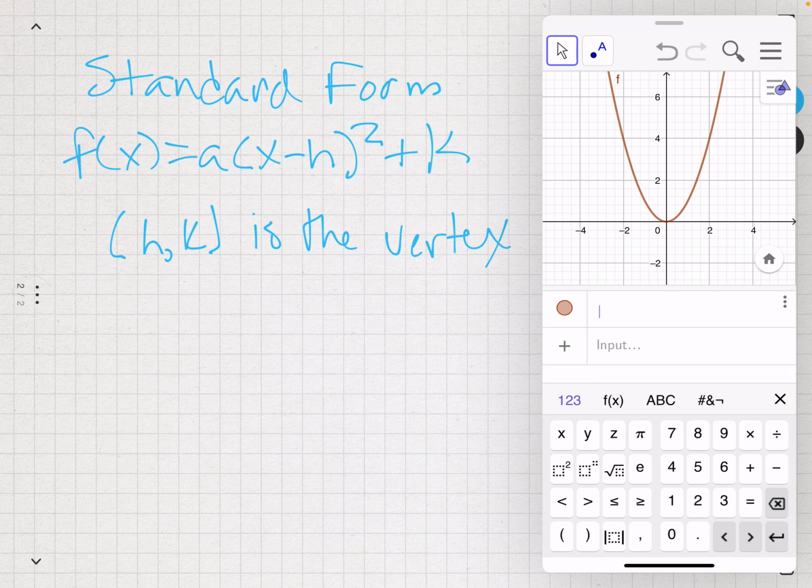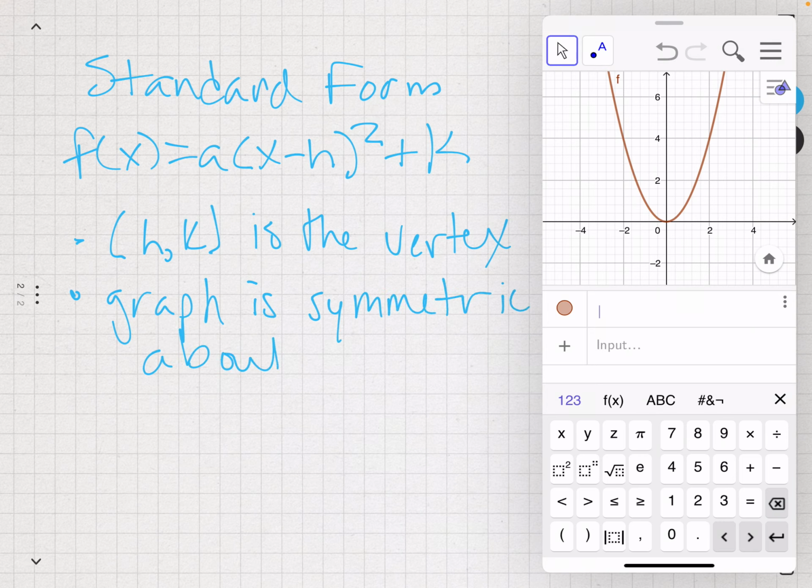The graph is symmetric about x equals h.